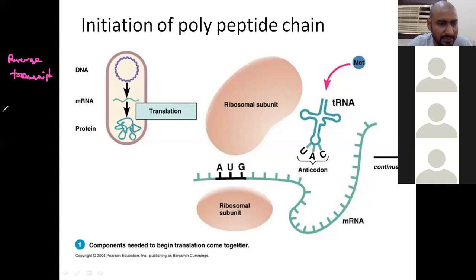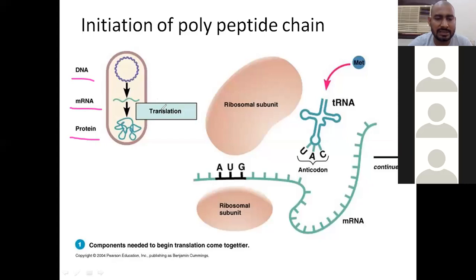In reverse transcription, firstly the RNA strand goes on to form cDNA, then cDNA forms RNA, then protein. So this is the exception of the central dogma, because the central dogma says DNA, RNA, and protein. Clear?